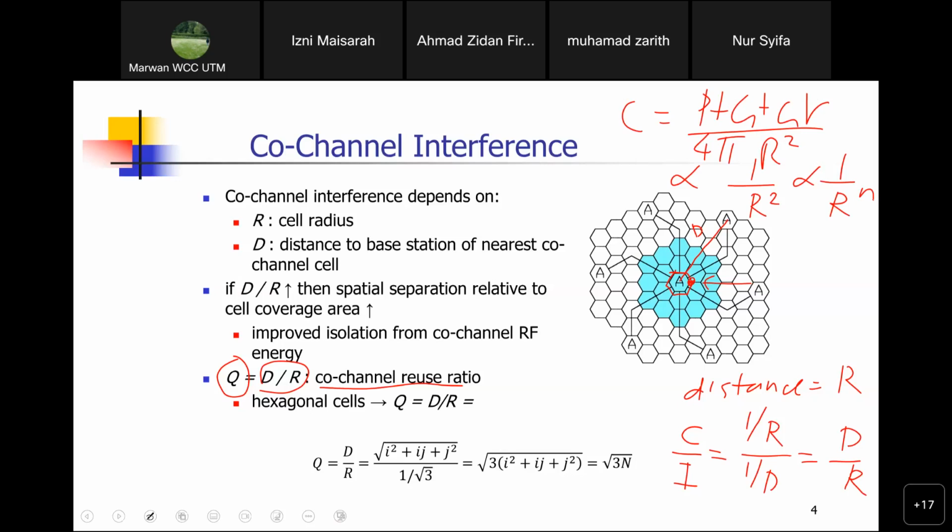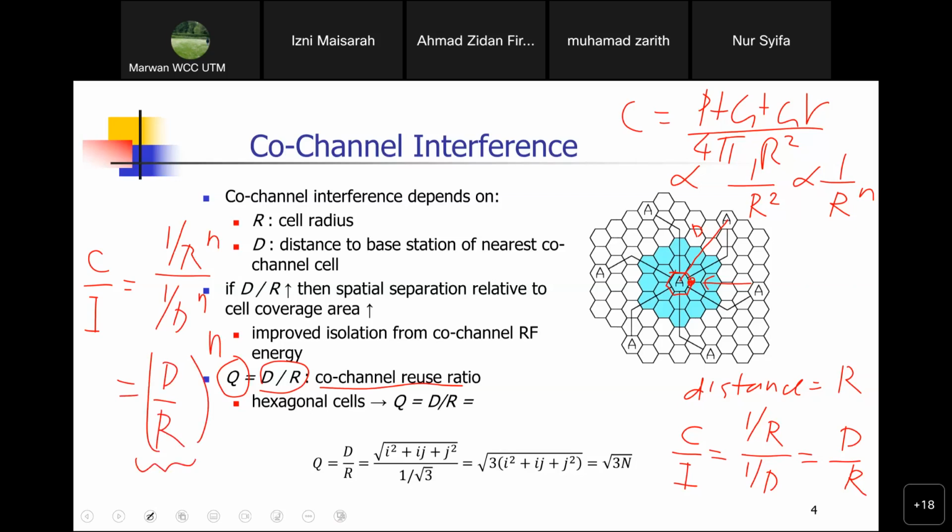So if you want to make it more detailed, C over I is 1 over r to the power of n divided by 1 over d to the power of n. That gives you d divided by r to the power of n. So it depends on the path loss exponent n. But you can see that it is actually depending on the ratio d divided by r.